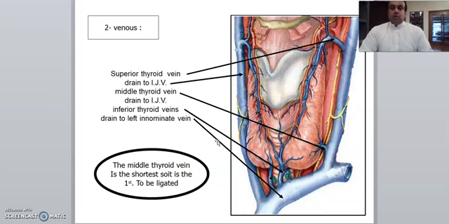Like you have to tie the middle thyroid artery or inferior thyroid artery very close to the thyroid gland to avoid the ligation of the recurrent laryngeal nerve. And the same goes with the superior thyroid artery or superior thyroid vein. In order to avoid damage to the superior laryngeal nerve, we have to ligate it very close to the thyroid gland. So this is the venous structure.